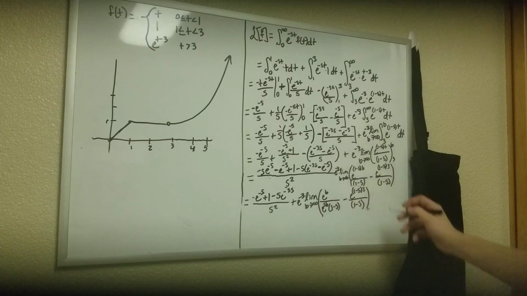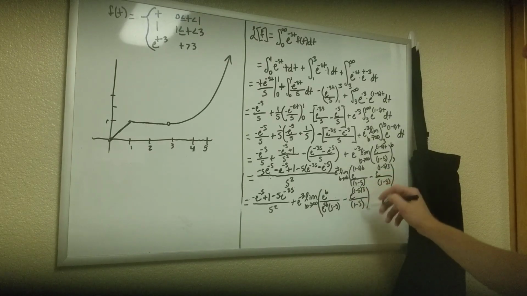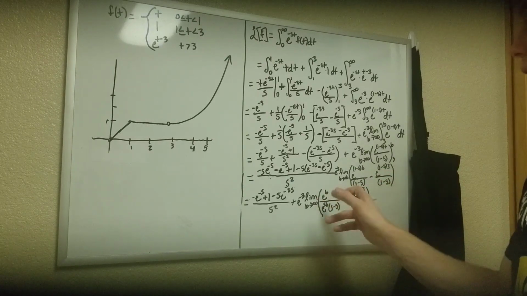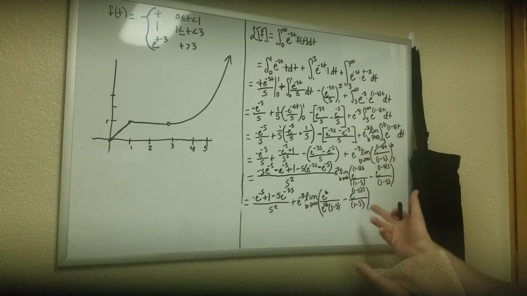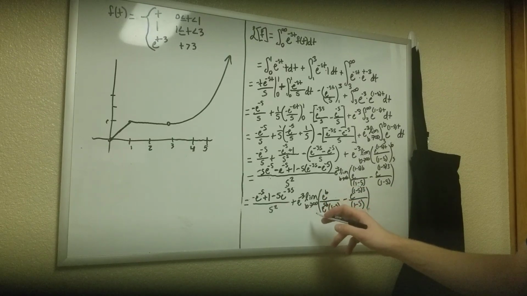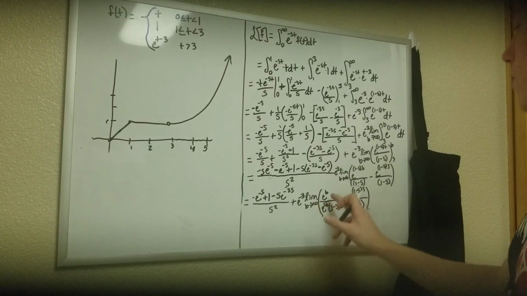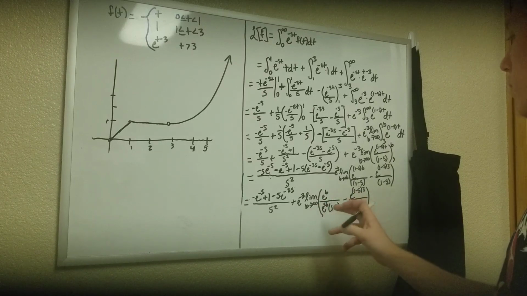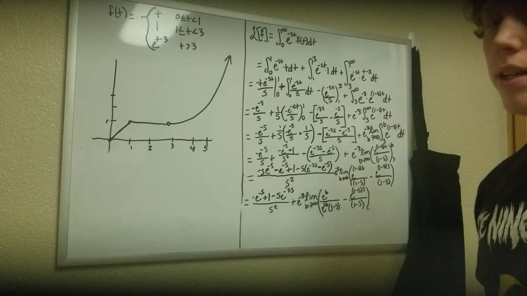Now the good news is this term is not affected by the limit because there's no b value in this term. And if we plug infinity in for this, right now it's rather inconclusive.